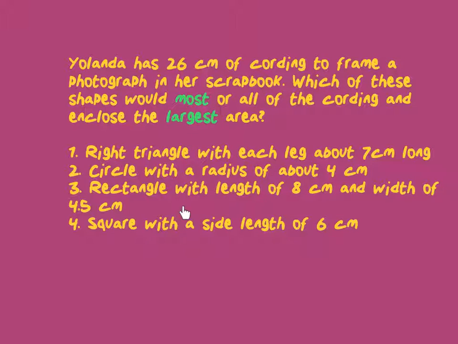The only way we're going to be able to answer this question is to find the perimeter and the area for each of these 4 different options. So this is kind of like a buy 4, get 1 free type thing. You get 4 problems all in one.